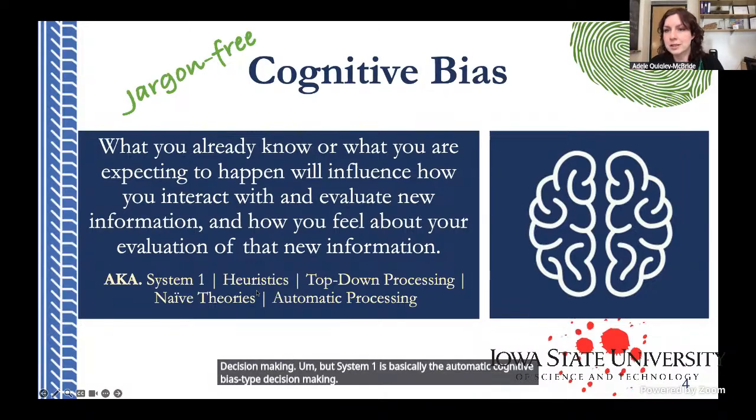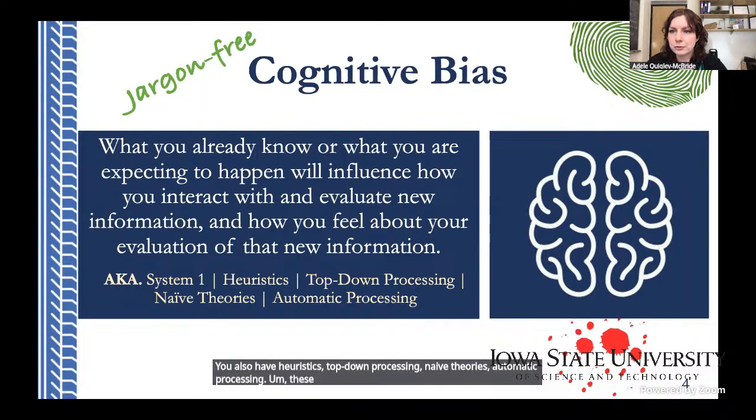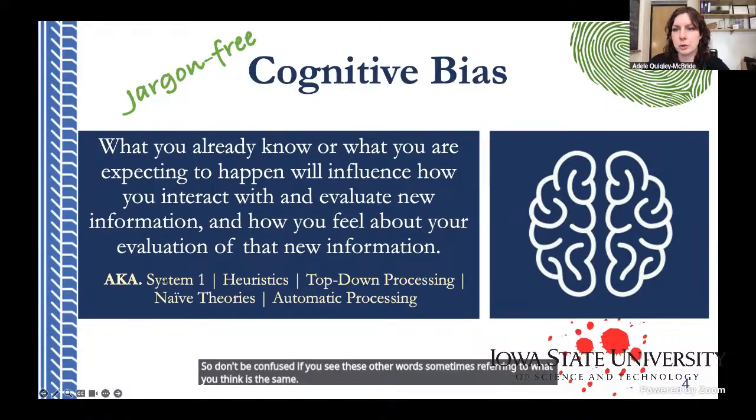You also have heuristics, top-down processing, naive theories, automatic processing. These are all slightly different things, but they're all referring to the same type of decision-making process. So don't be confused if you see these other words sometimes referring to what you think is the same type of process.